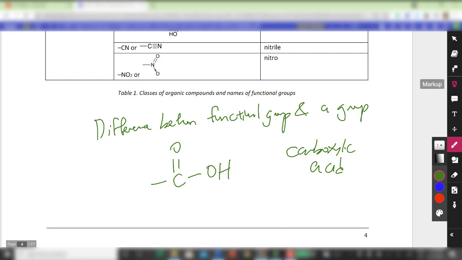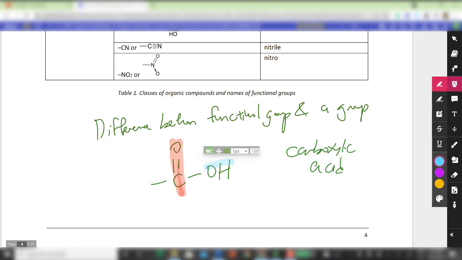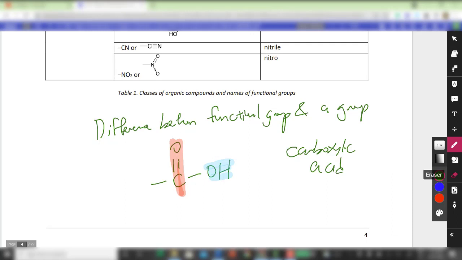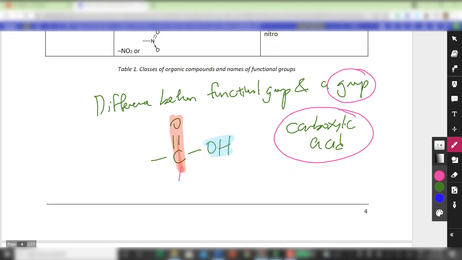You can tell from here that this CO as well as this OH are better known as groups. So a carboxylic acid is made up of a carbonyl group and a hydroxyl group.